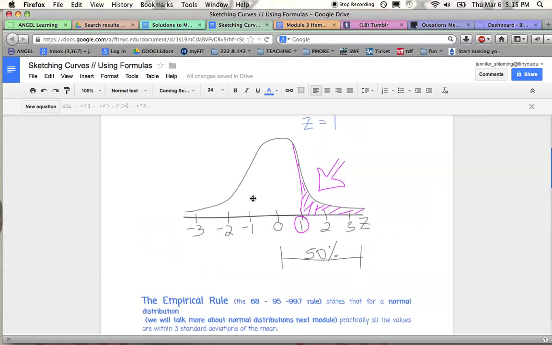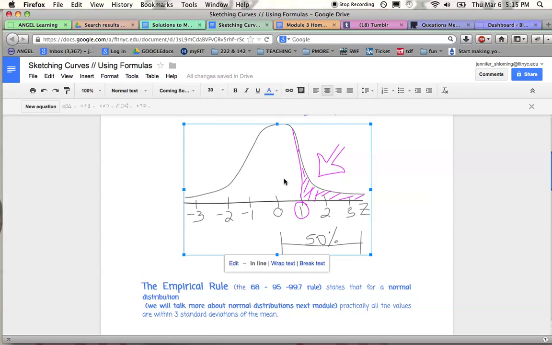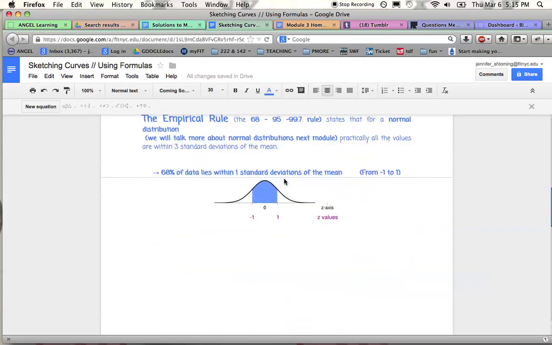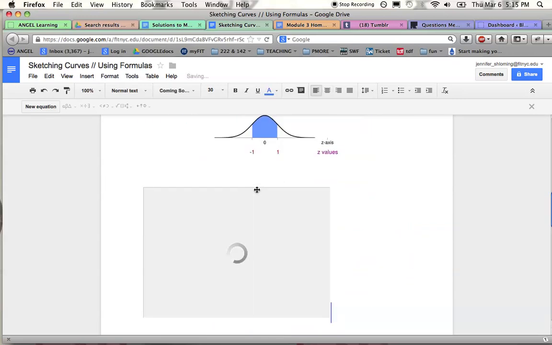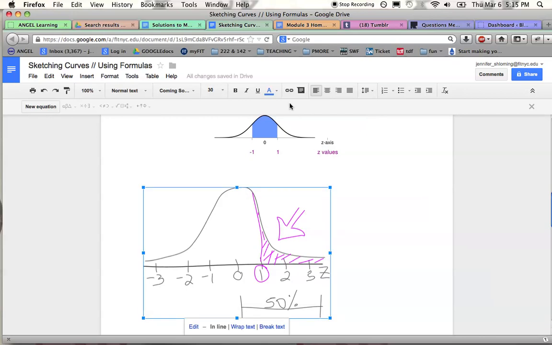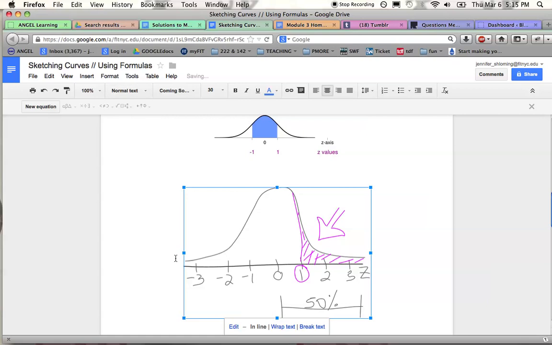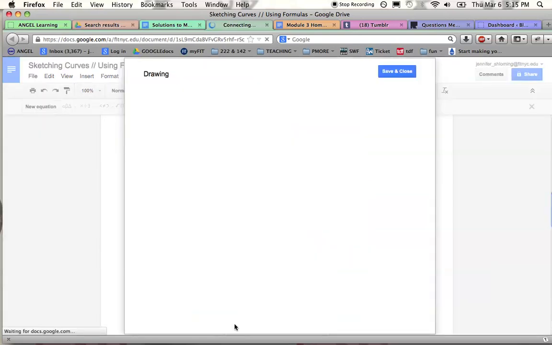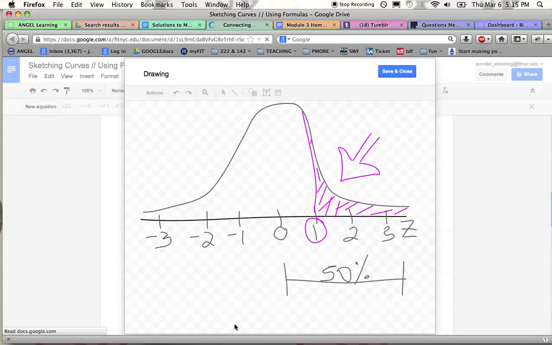So most of the data is between -1 and 1. So I'm going to copy and paste the graph. We're just going to add to it. According to the empirical rule, 68% is between -1 and 1, so this piece here.